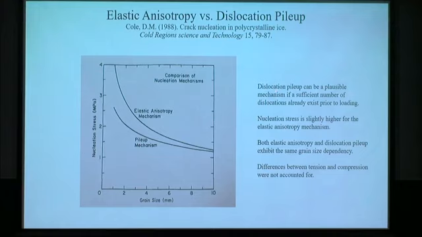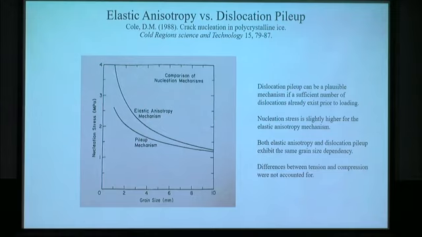And he argued that the dislocation pileup mechanism can be a plausible mechanism if you already have a sufficient number of dislocations present before you load the material. Because if you wait for the dislocations to generate and pile up, it would take some time, maybe on the order of 50 to 100 seconds. So that was his reasoning: the dislocation pileup is possible if you already have a sufficient number, and that may be more valid if your rate of loading is small, maybe 10 to the minus 6, 10 to the minus 5.